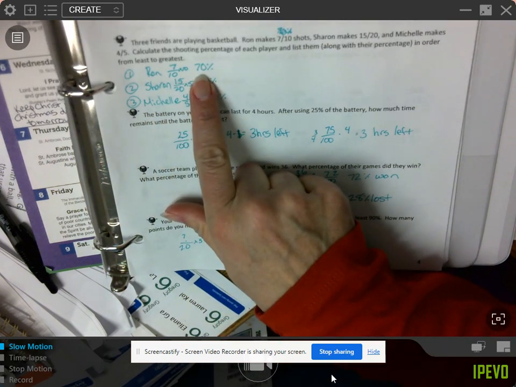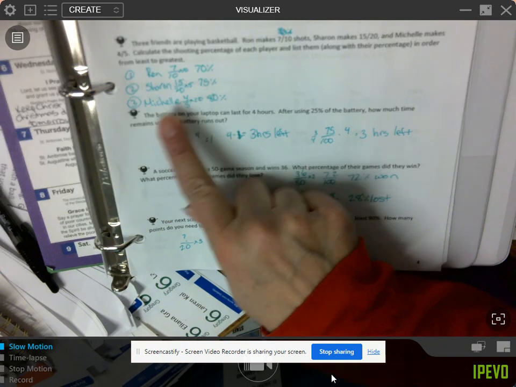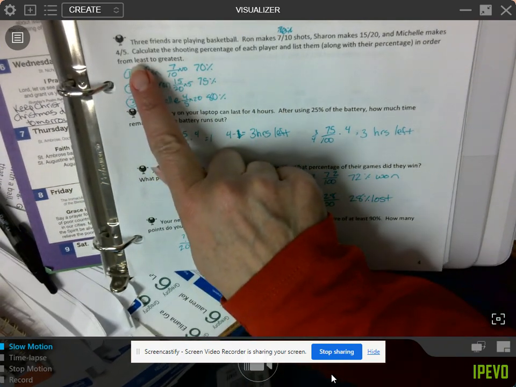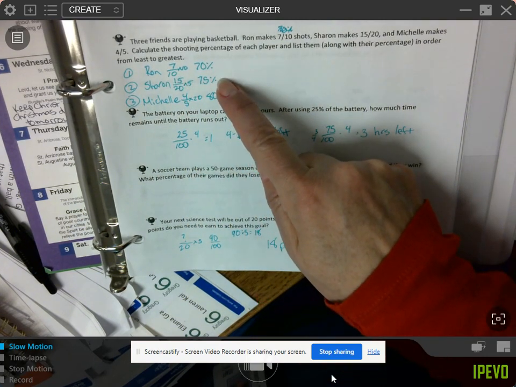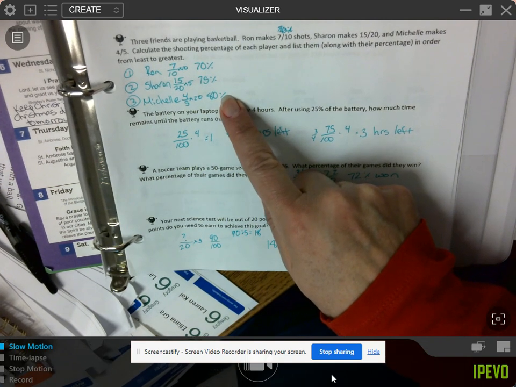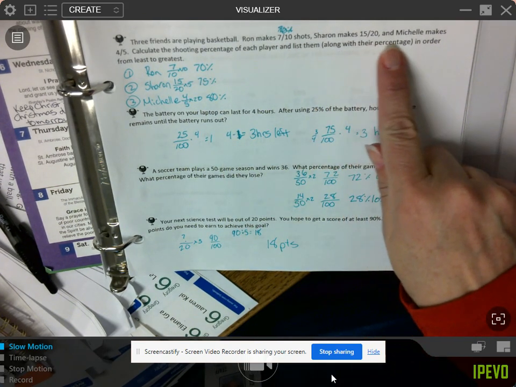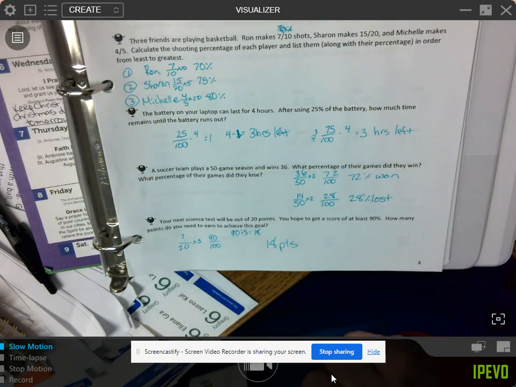Ron got 70%, Sharon got 75%, and Michelle got 80%. The directions did say put them in order from least to greatest. So we should have Ron, then Sharon, and then Michelle. And it did say with their percentage. So you should have their percentages, and you should have them in the correct order.